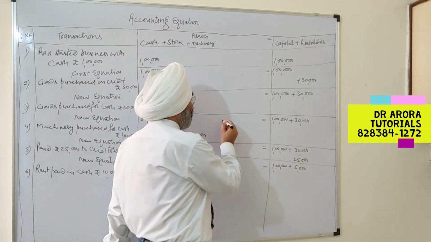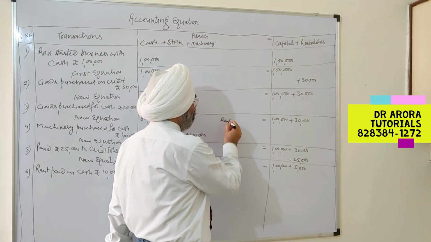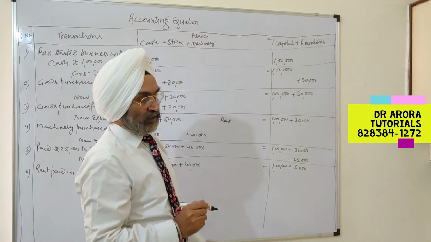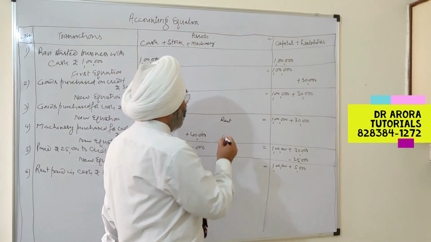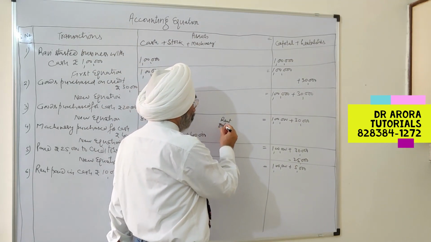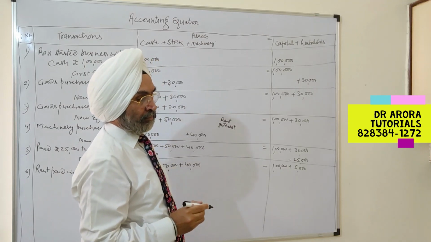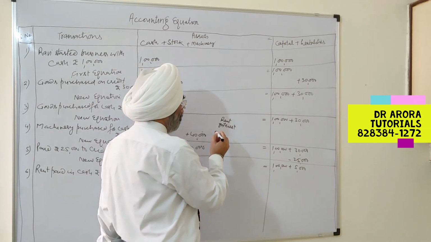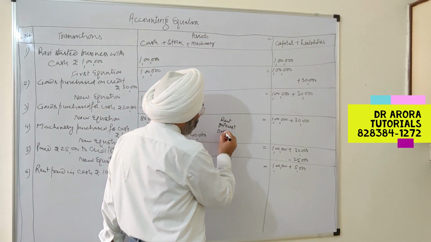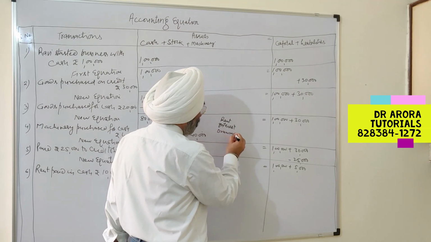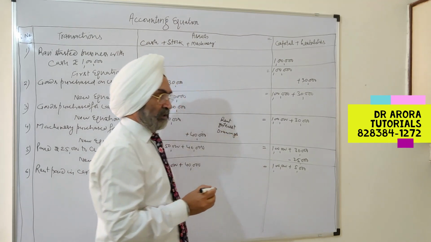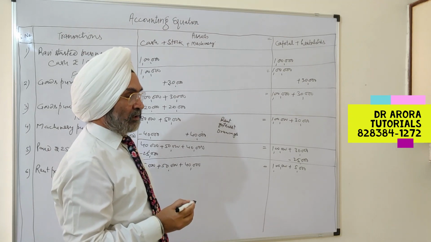If there is any expense or loss, our capital will decrease. If there is any income, our capital will increase. But if there are drawings, money withdrawn by the proprietor from the business, capital will decrease.